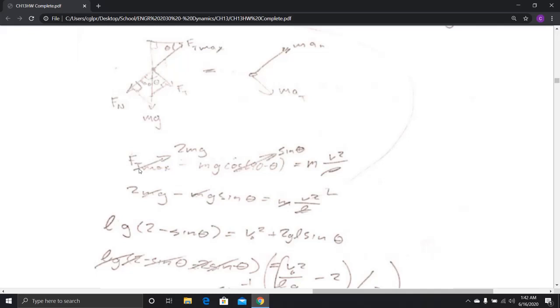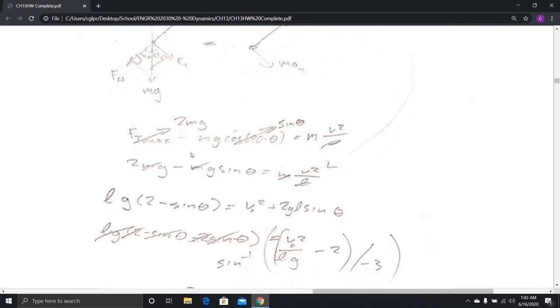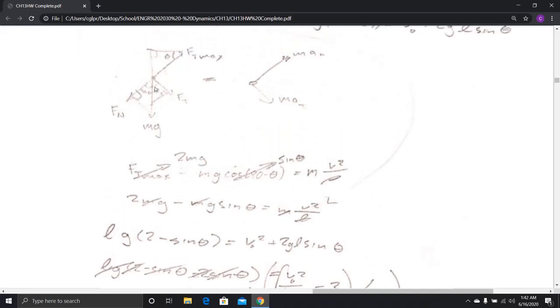I know that the maximum force of tension is 2 times the weight. By looking at my drawings, I can see that the force acting in the normal direction by the weight is going to be cosine of 90 minus theta, which is equivalent to sine of theta.